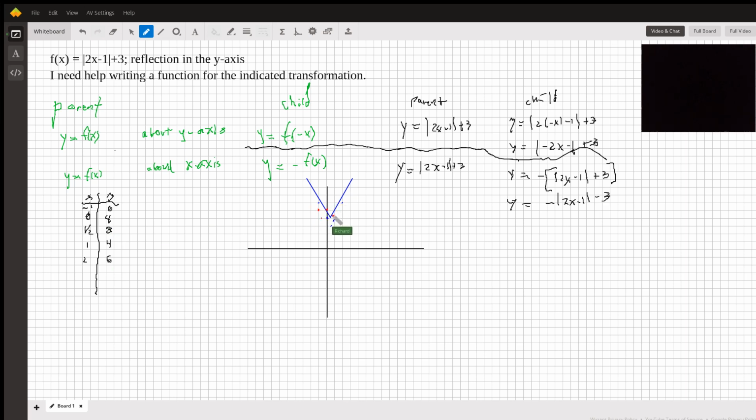And then six, which would be 4, 5, 6 here. And here, so we're just going to get this. That's visually how we're reflecting over the y-axis.